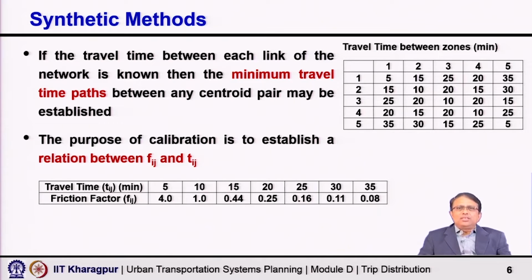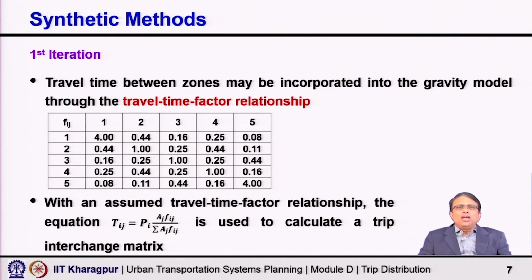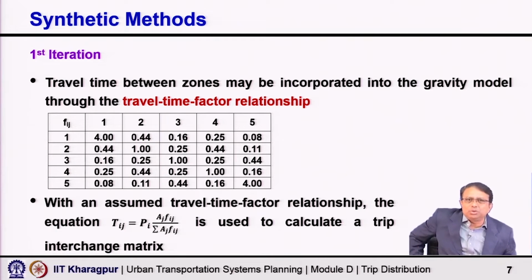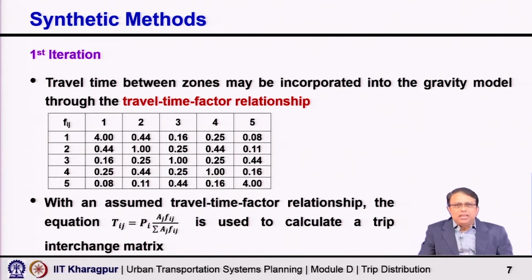For example, the 1 to 1 travel time is 5 minutes, so that means my Fij value is 4. For 1 to 2, it is 15 minutes, so my Fij value is 0.44. So, I make a matrix of Fij from the known travel times. I now convert those travel times and get a matrix which is basically the Fij matrix.